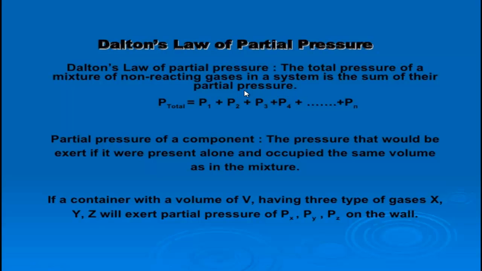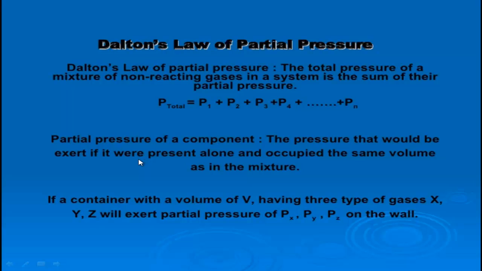So, what is partial pressure? Partial pressure is actually the pressure of individual gases of a mixture. And we can write the definition of partial pressure this way: the pressure that would be exerted if it were present alone and occupied the same volume as in the mixture. That means if the component gas is kept alone in a container, then it will apply a specific pressure.